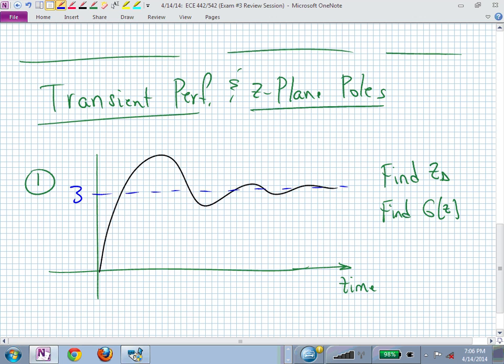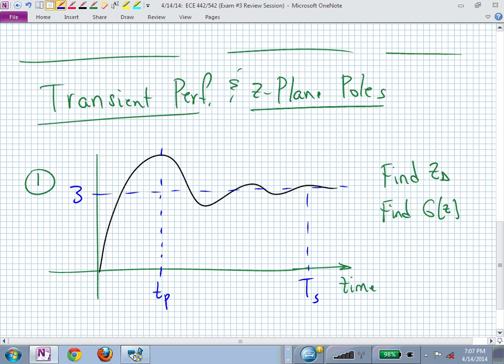You also can identify, since you don't know the zero, or you don't know the impact of the zero, which really messes up your percent overshoot, so you probably don't want to mess with the percent overshoot. But you can find the time to peak, and you can find the settling time.